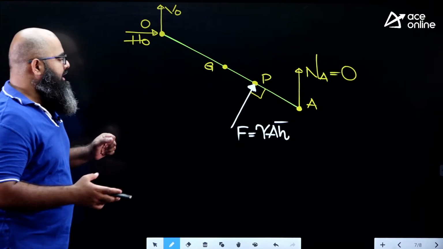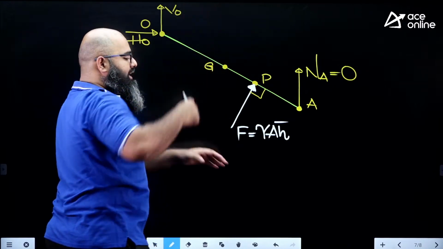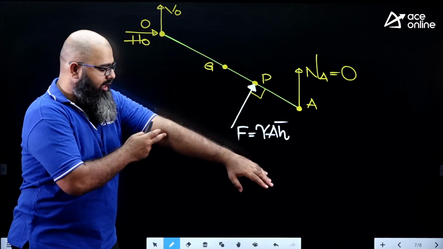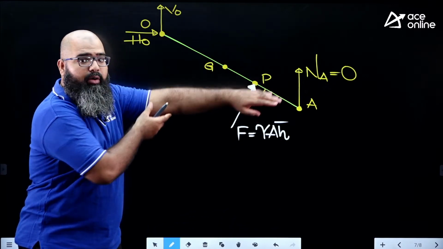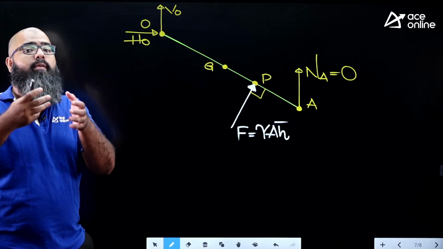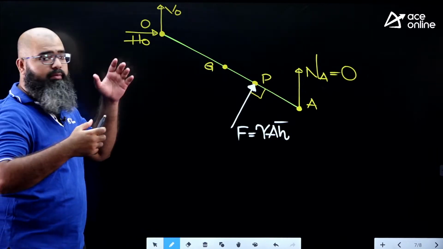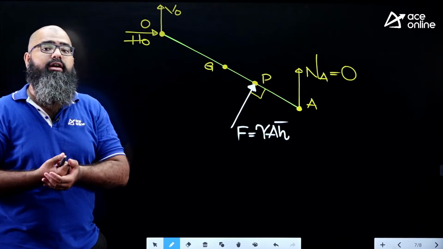Now you see, this F is creating a moment which is trying to open this gate up. The gate is hinged at this point. By virtue of F acting over here, the gate is about to open up. If you want to avoid the opening of this gate, there has to be a resisting moment.